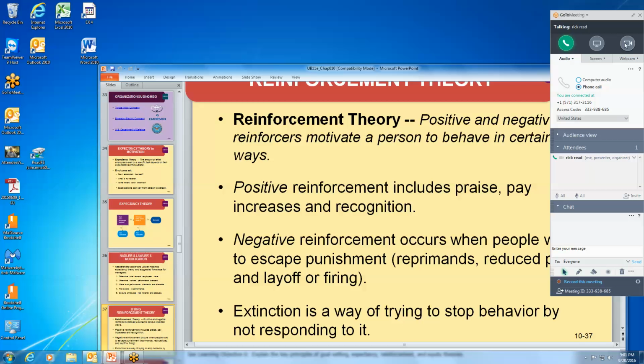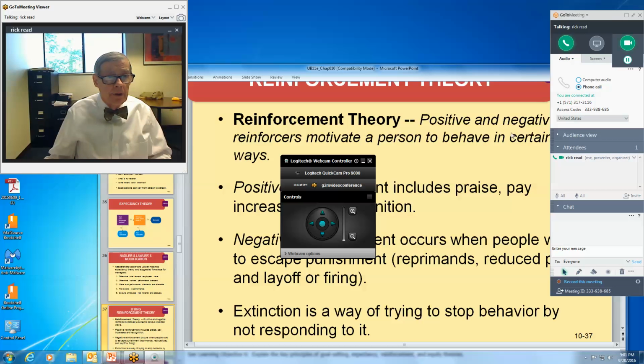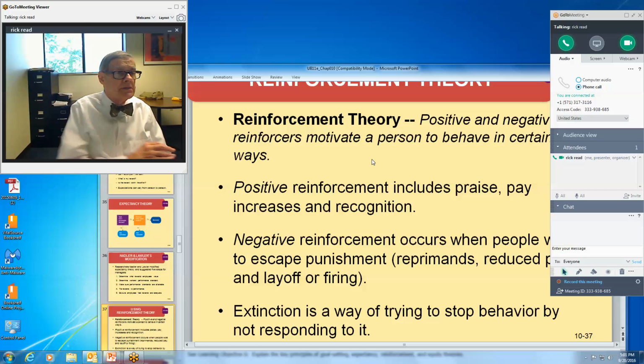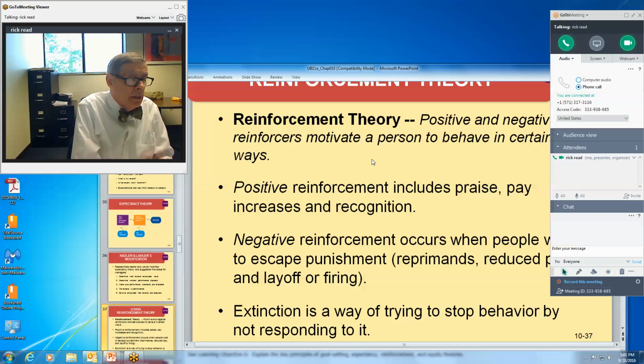Reinforcement theory. Most of us know a little bit about reinforcement theory because it's been around for a long period of time. What this simply says is that there are two kinds, positive and negative. If you use positive reinforcement, that means that whatever you're reinforcing, you want the employee to continue doing.